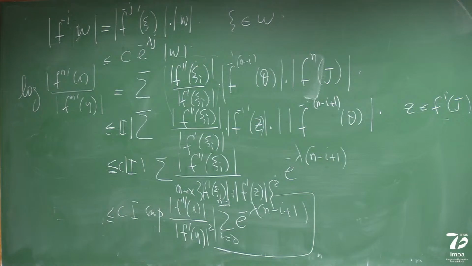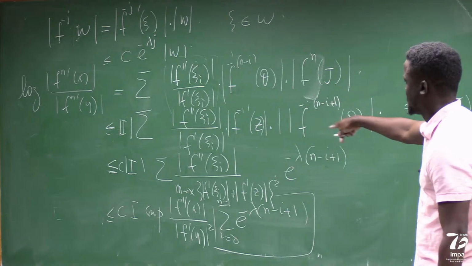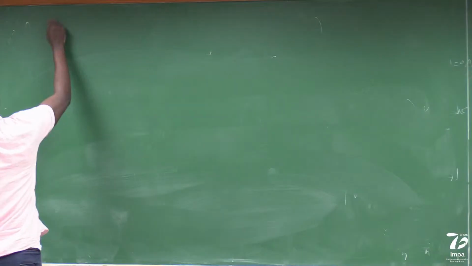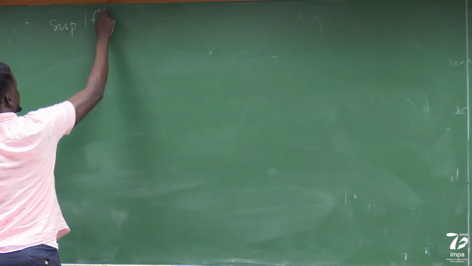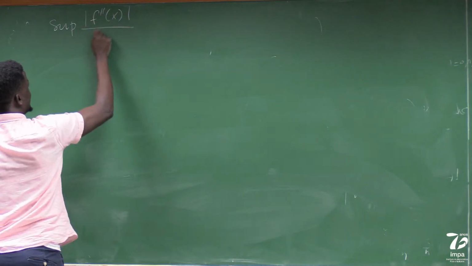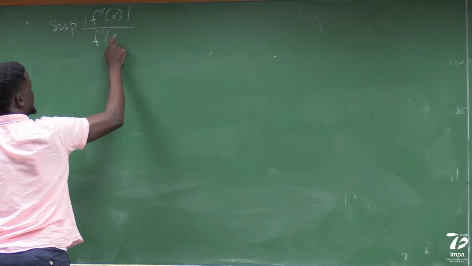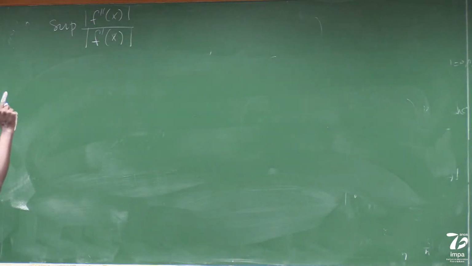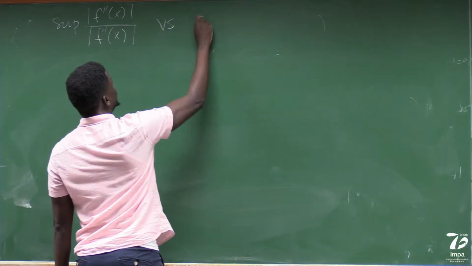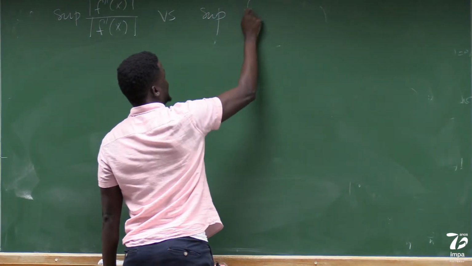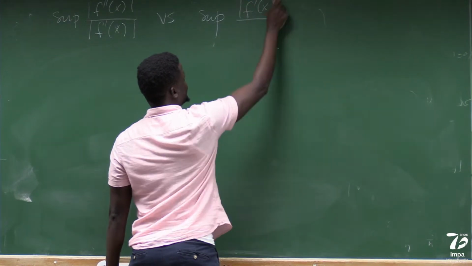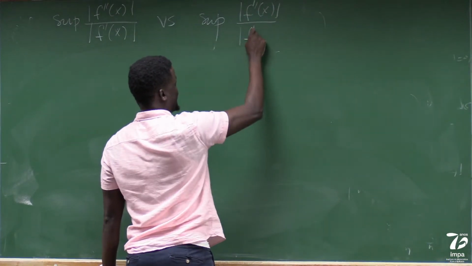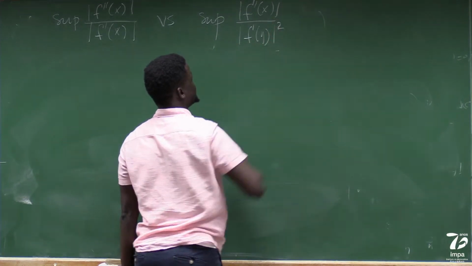You can see the first argument that I was doing would use the supremum over x of f double prime of x over f prime at x, the same point, versus the supremum of f prime of x over f double prime of x over f prime of y squared.